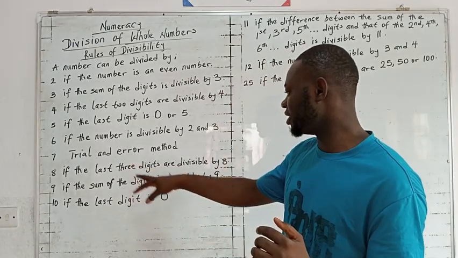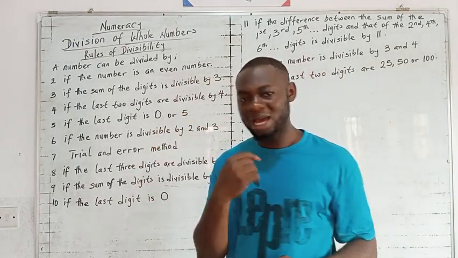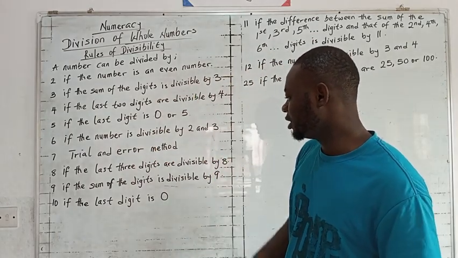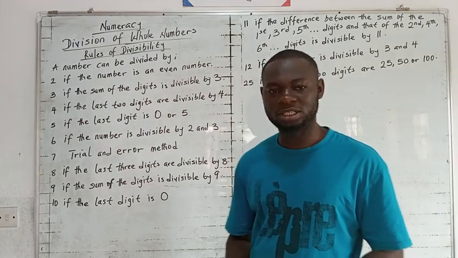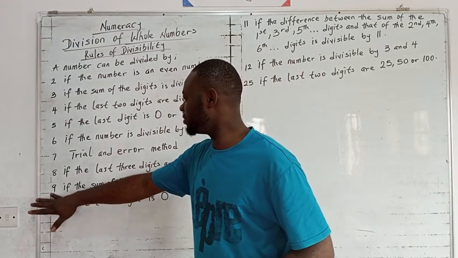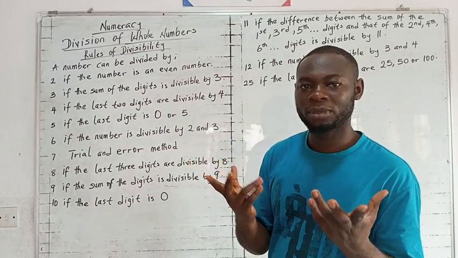Now the number can be divided by 8 if the last 3 digits, that's hundreds, tens and units, are divisible by 8. Now the number can be divided by 9 if the sum of the digits is divisible by 9. You watch, divisibility by 9 and divisibility by 3 are the same.